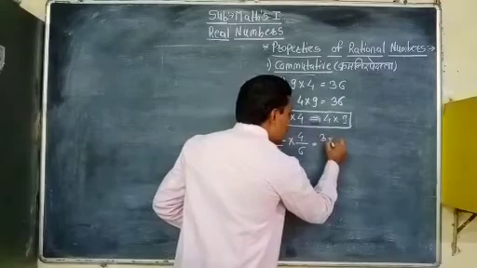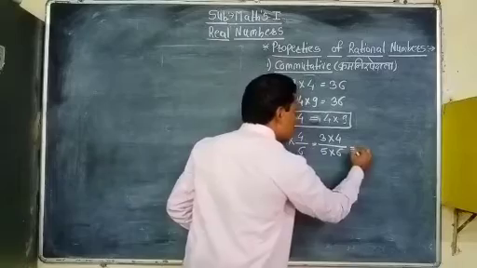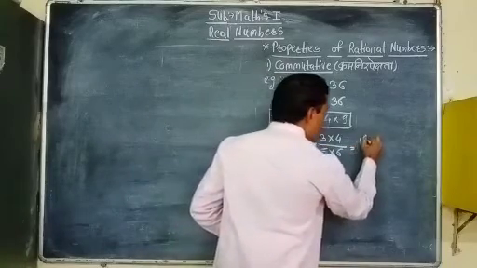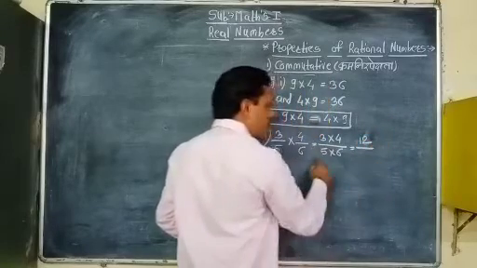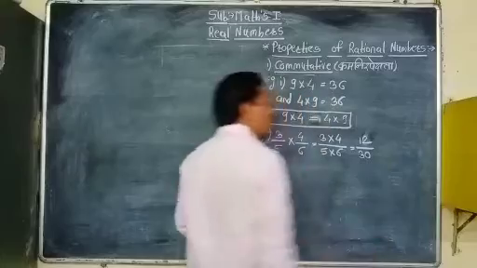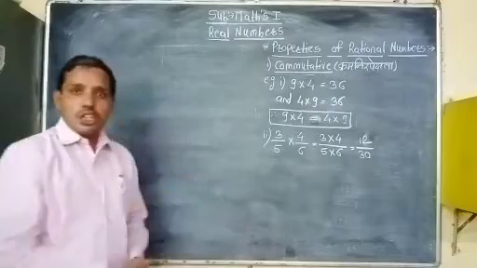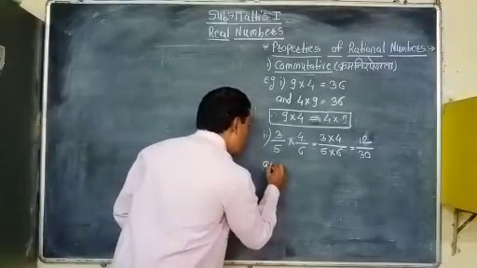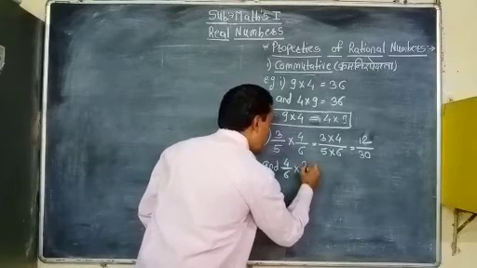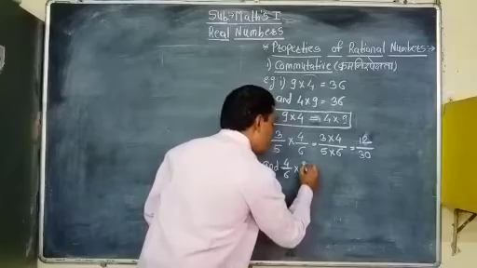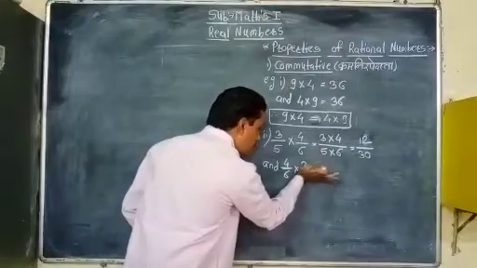So 3 is multiplied by 4 and 5 is multiplied by 6. So 3 4s are 12 and 5 6s are 30. Now we also change the position. So we get 4 by 6 multiplied by 3 by 5.